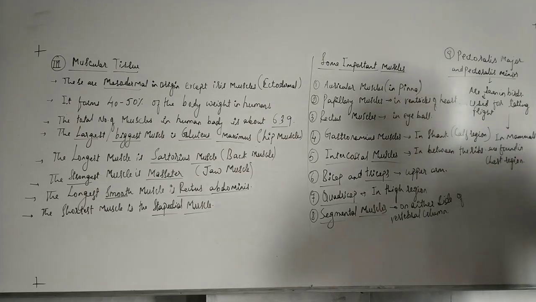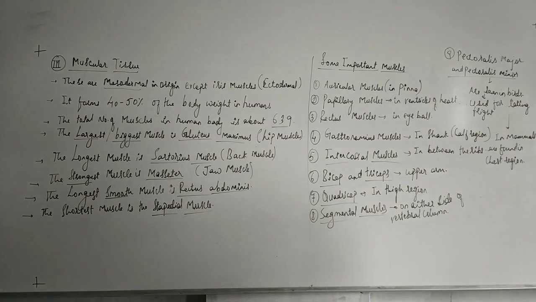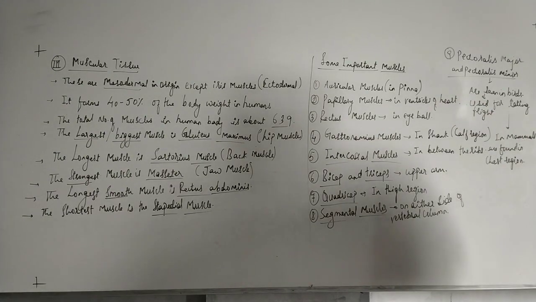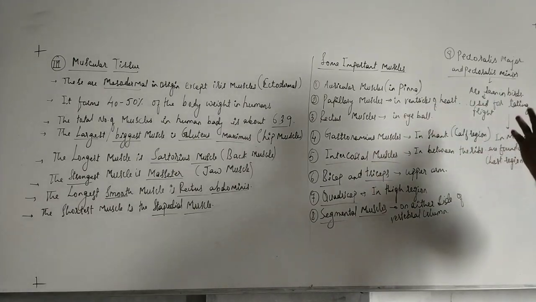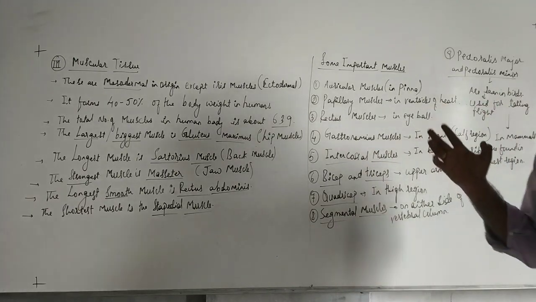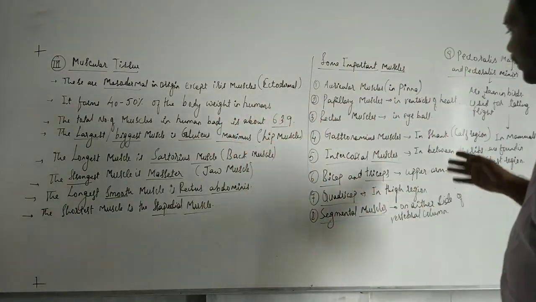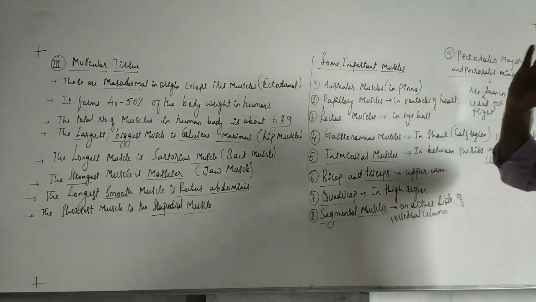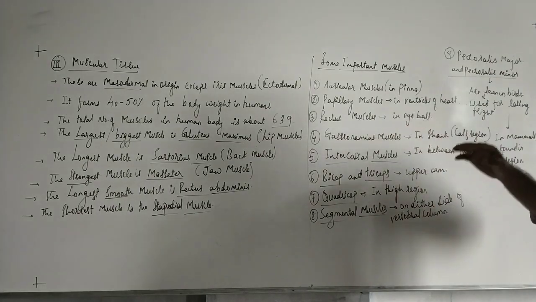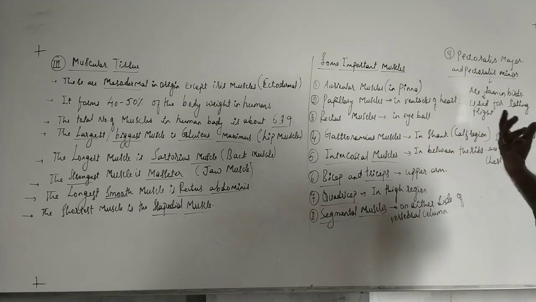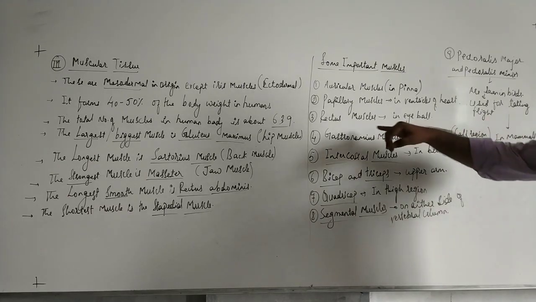Okay, so these are some important types of muscles. Like the auricular muscle, which is found in the pinna, that is here. Then papillary muscle found in the ventricles of the heart. When we look at the structure of the heart, it has two auricles and two ventricles, right? So the ventricular part consists of the papillary muscles. Then rectus muscle. Rectus makes us think of the rectum, but it is not the rectum.